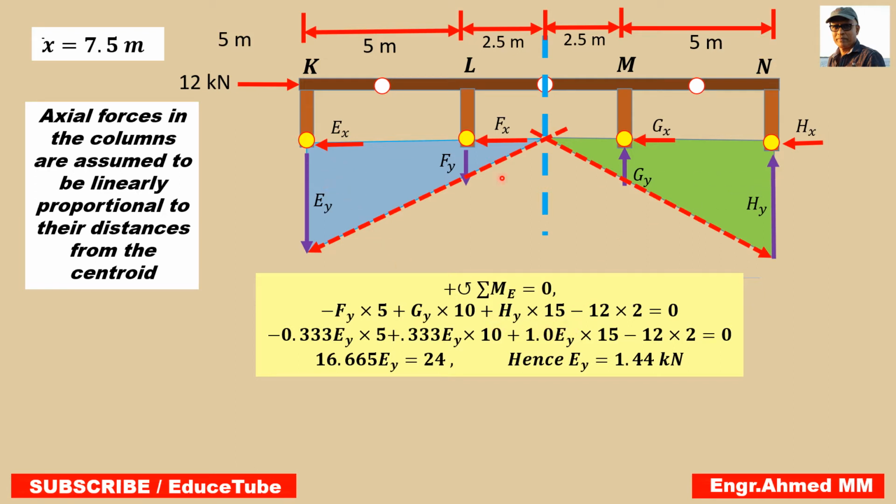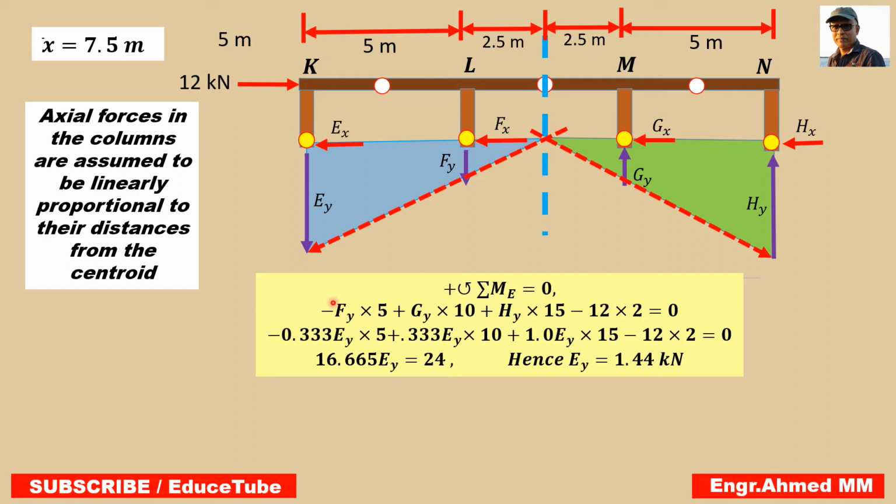Hy multiplied by 15. Minus 12 multiplied by 2. This distance is actually 2. I forgot to write it, but in the previous diagram it is there, because the total is 4. This hinge is at the middle of the column, so it will be 2. So here I put 12 multiplied by 2.